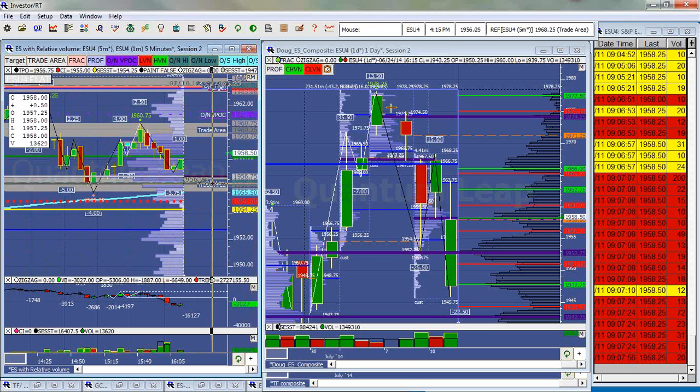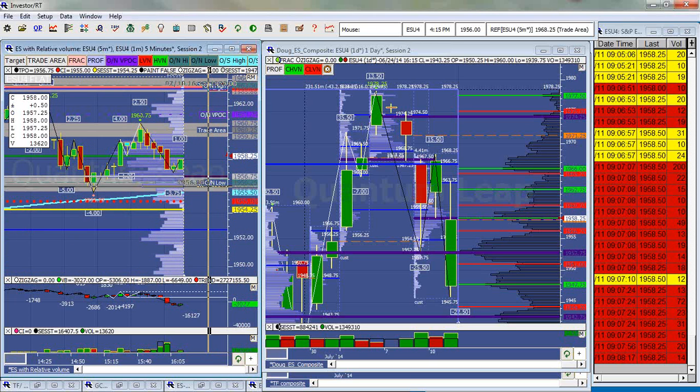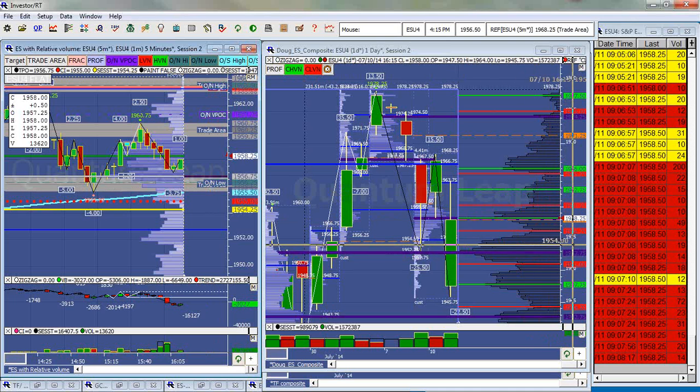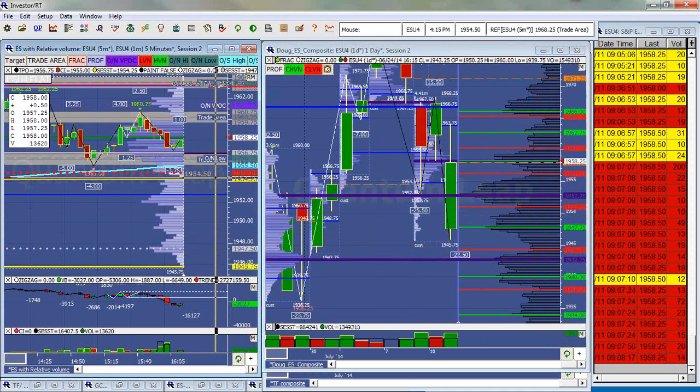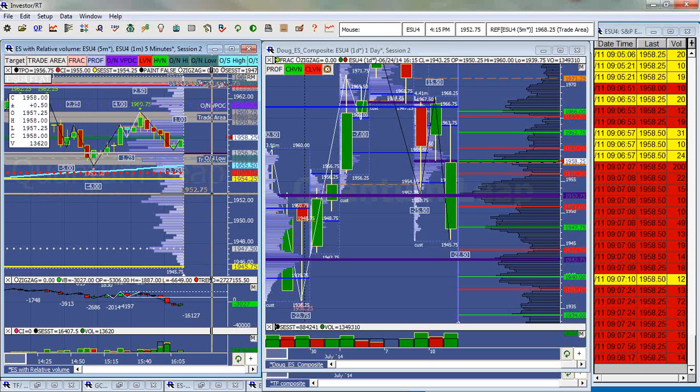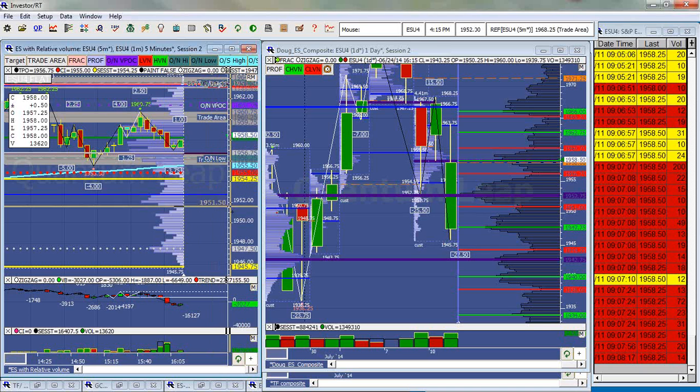If we come down and we break below this 1956, everything shifts down to this 52 area. You do have a LVN here at 54.50, but I don't think it's going to hold. I think you can set up for a destination 80% value area play and a move down to the major balance.